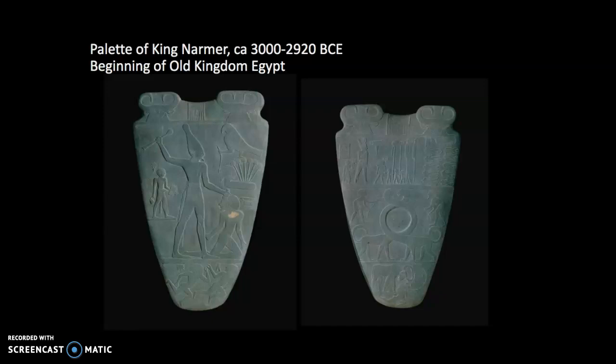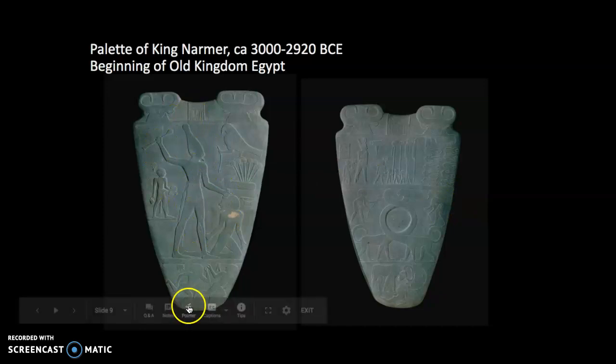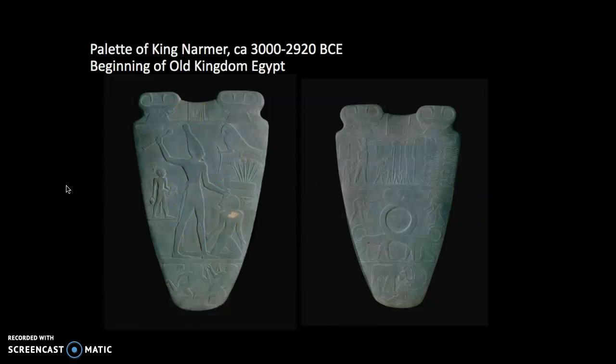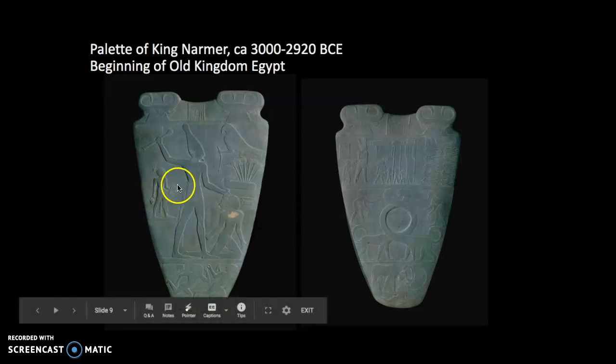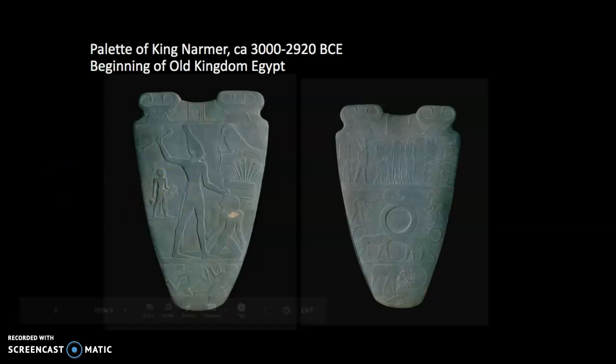What we have is the king depicted, King Narmer here on the A side. He is depicted again in hierarchical scale to signify his importance. And we see this little servant figure carrying his sandals behind him to show his prestige.